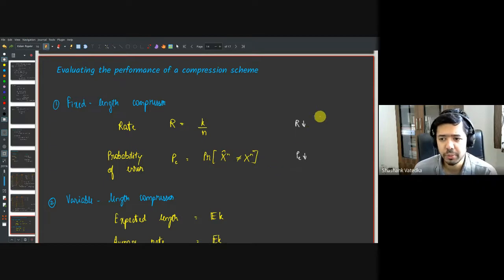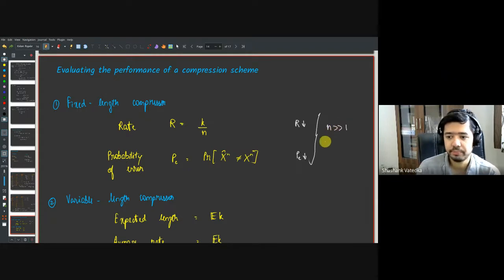And typically we will be interested in the regime where the source file is very, very large, so n is very, very large.